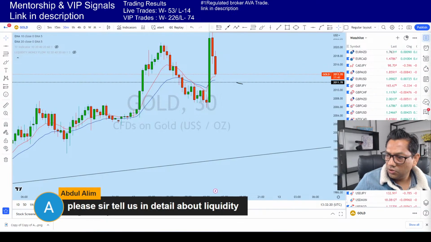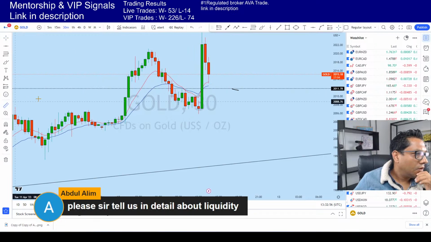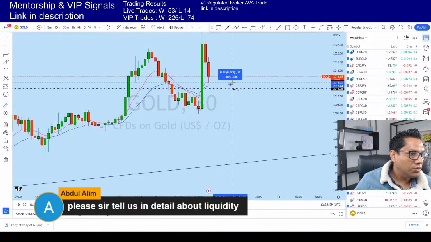Very interesting price action. Just trying to see how it is doing.